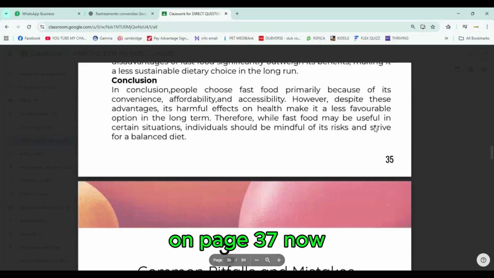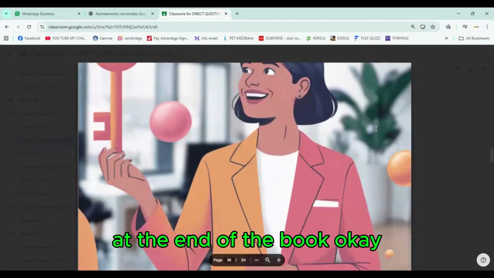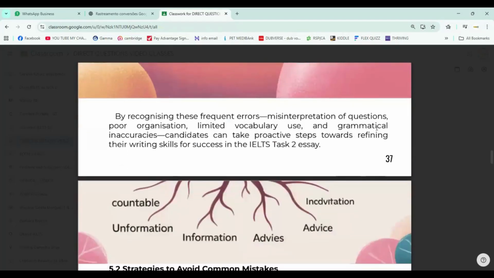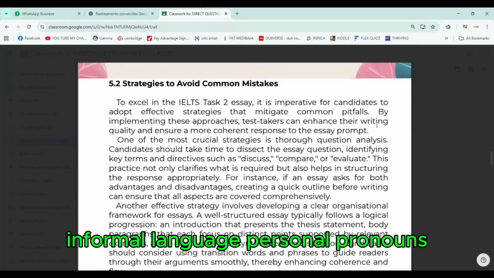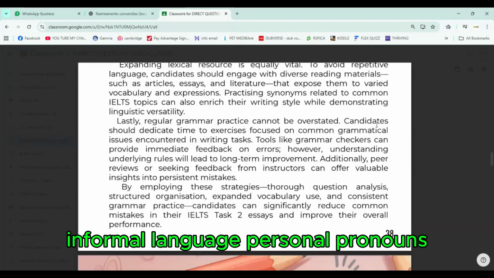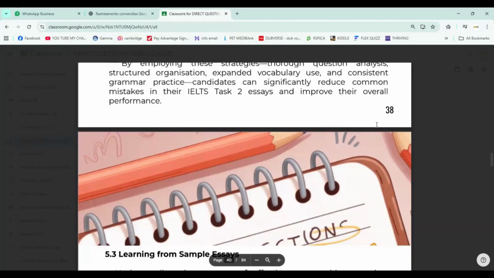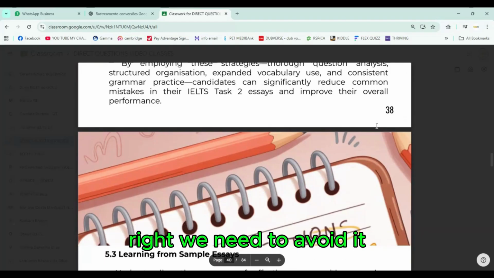On page 37, now in chapter 5. At the end of the book, okay, the book covers common mistakes. Then we start with all the possible errors: informal language, personal pronouns, phrasal verbs, overgeneralization. All of this is important to avoid, right?